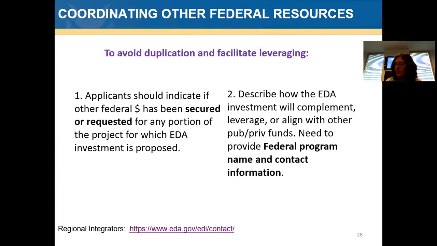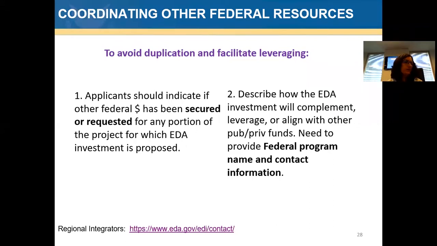Another area where we are bolstering up just a tiny bit is our effort to avoid duplication and facilitate leveraging. So EDA is aware that there are many other federal agencies and other funders that are funding in this same space, disaster recovery and resilience.